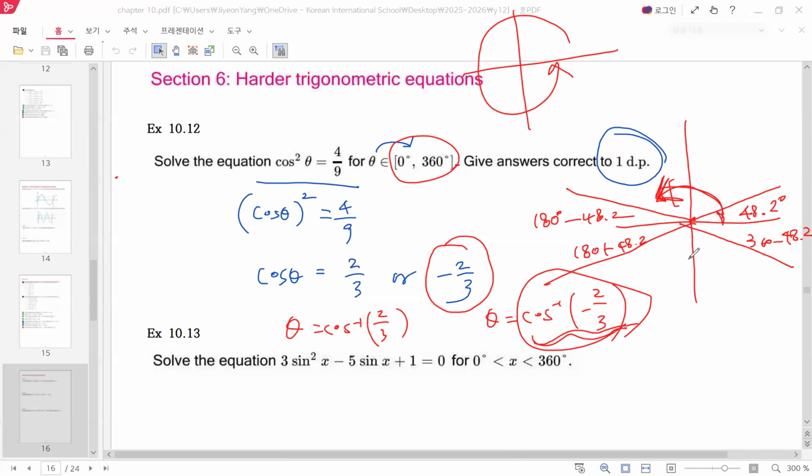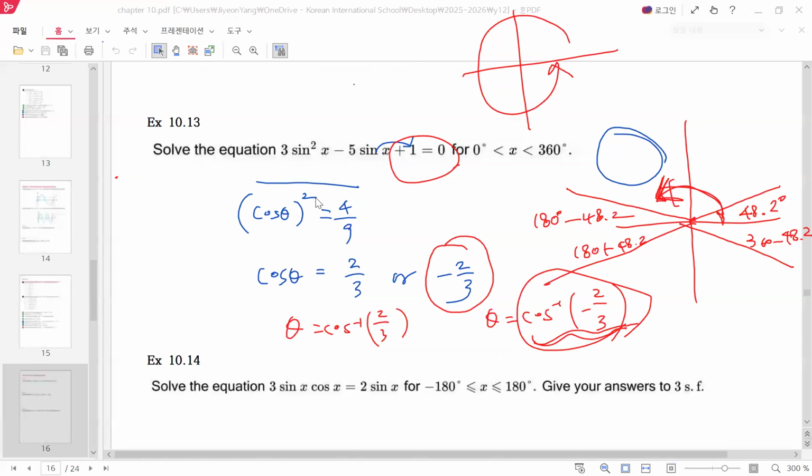And cosine of 180 plus theta, in this case 48.2 degrees, is going to be negative cosine 48.2 degrees. The last one, cosine of 360 minus theta, 48.2 degrees, is cosine of 311.8 degrees. Okay, let's move to the next question.